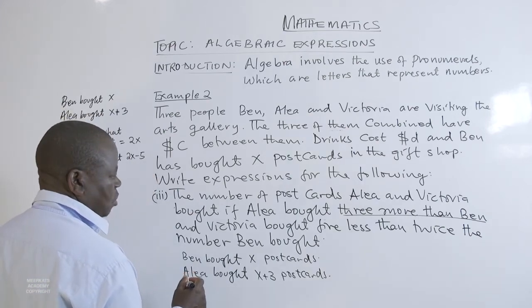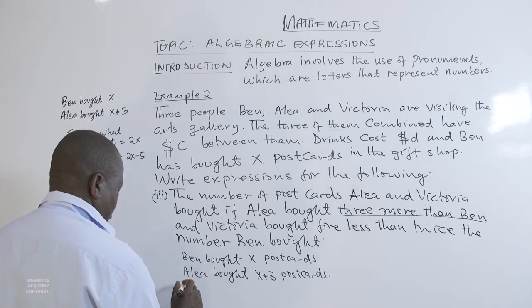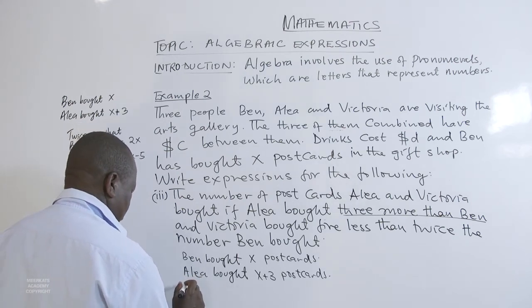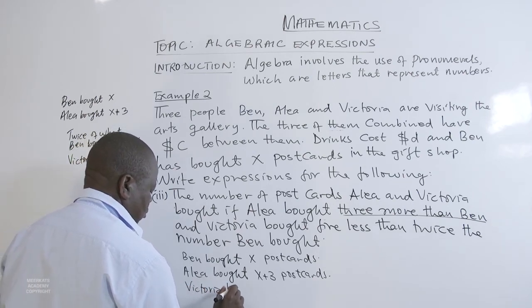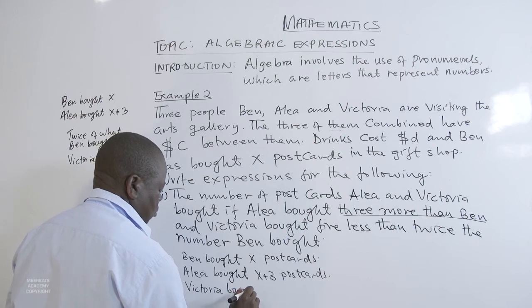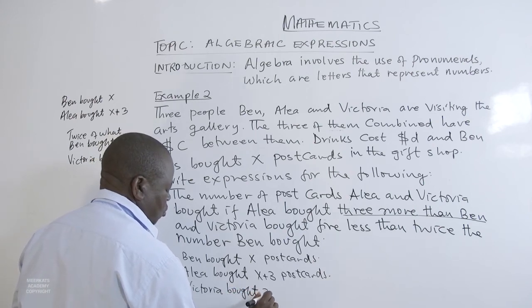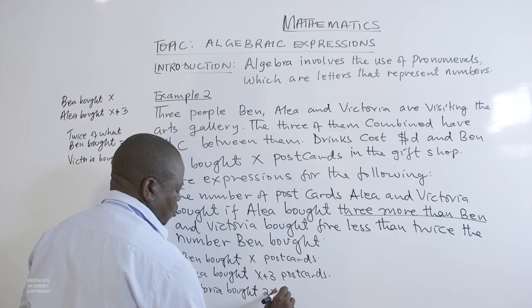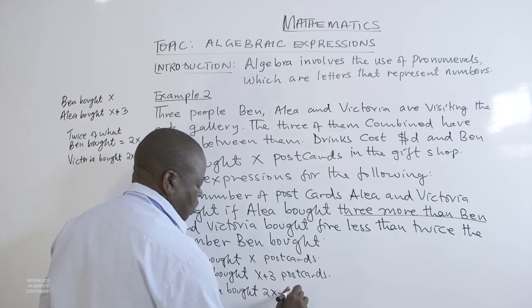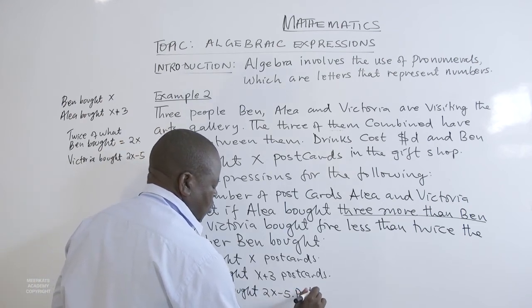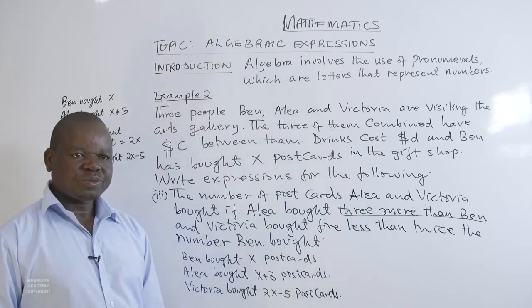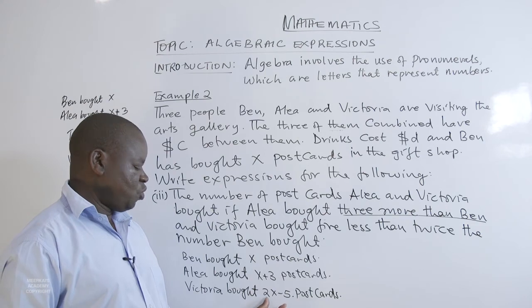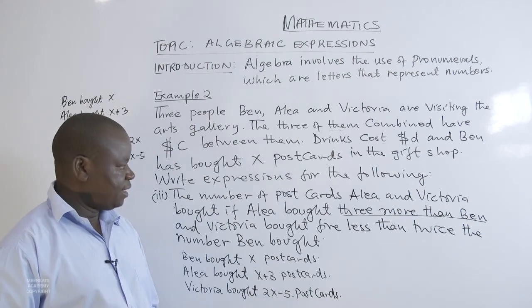So Victoria bought 2x minus 5 postcards.